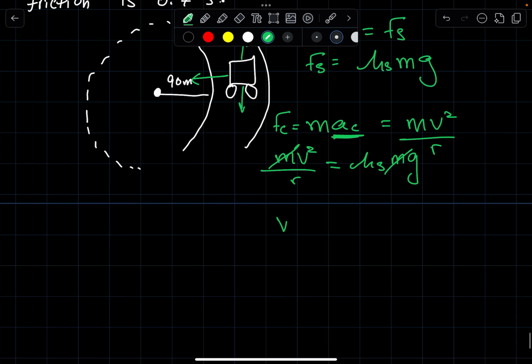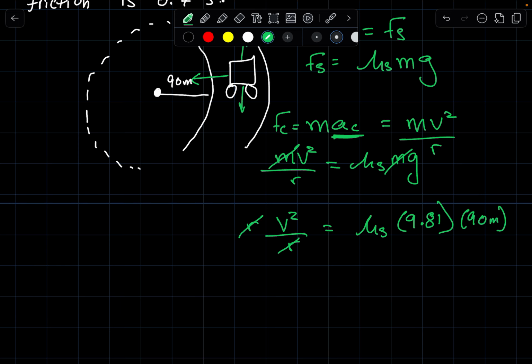So v squared over r is equal to the coefficient of static friction times 9.81. Now let's multiply both sides by r, which is 90 meters, and let's find the square root, and that will be our velocity.